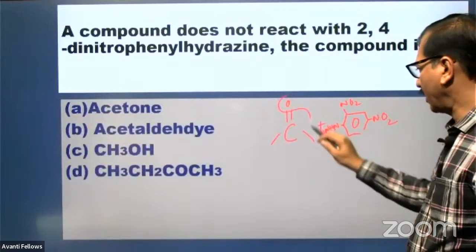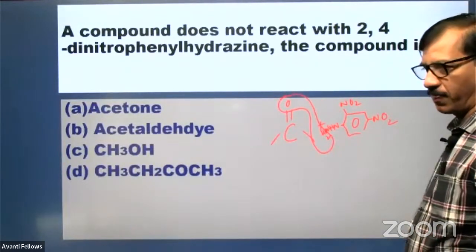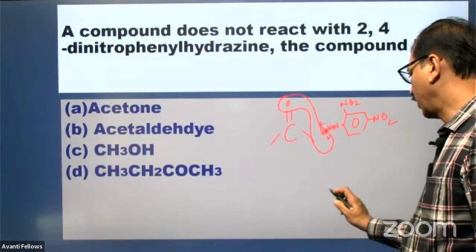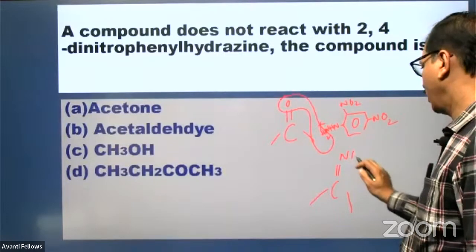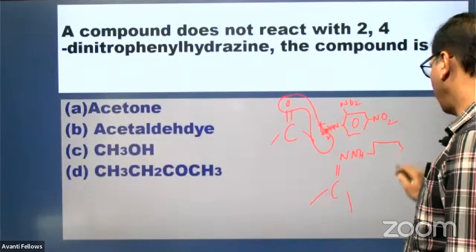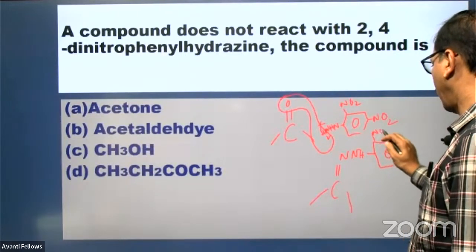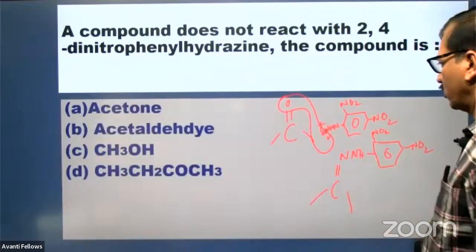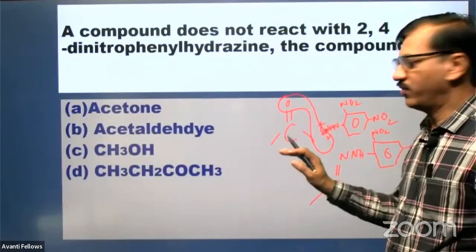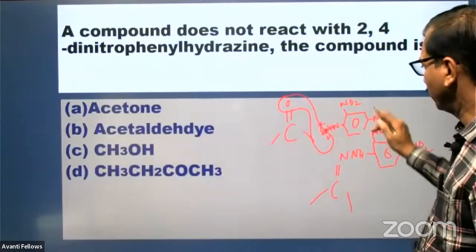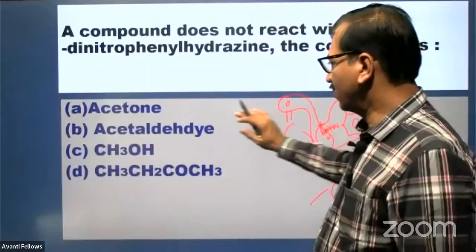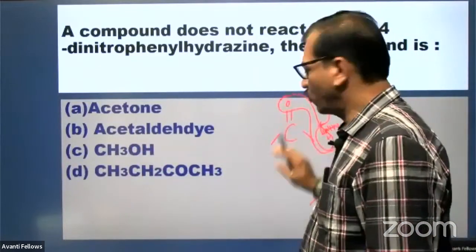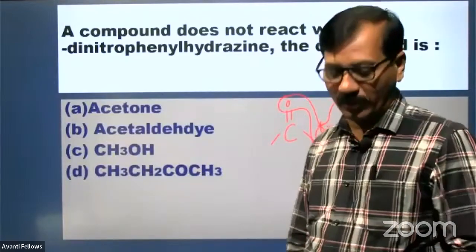A carbonyl group reacts with the hydrogen of NH2, so the compound is C double bond N, NH, with a benzene ring bearing two nitro groups. This is nucleophilic addition of a derivative of ammonia. So this is not given by alcohol. Only those having a carbonyl group, aldehydes and ketones, will give it.